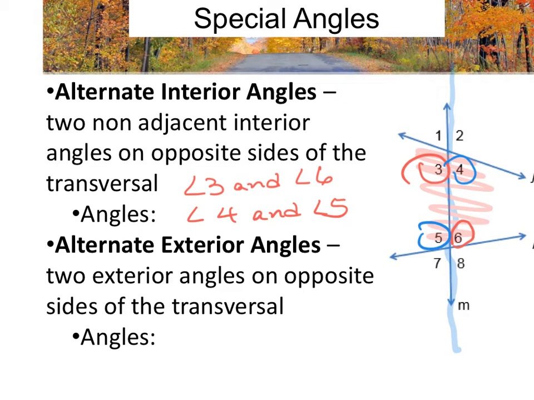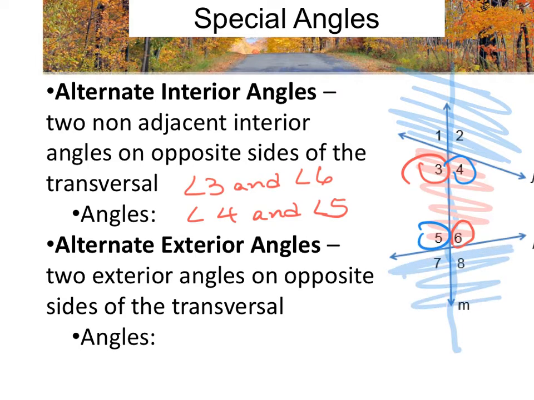Then for alternate exterior angles, remember the outside area of the two coplanar lines is here. And then opposite sides of the transversal would be 1 with 8 and 2 with 7.